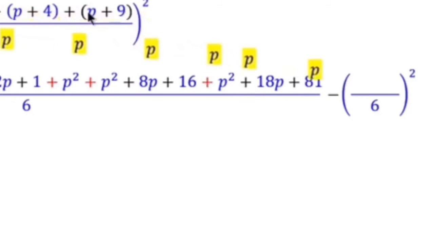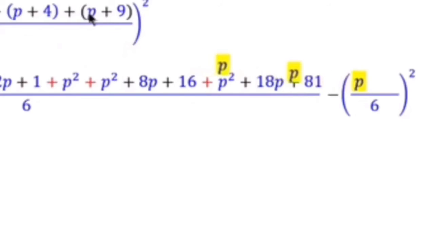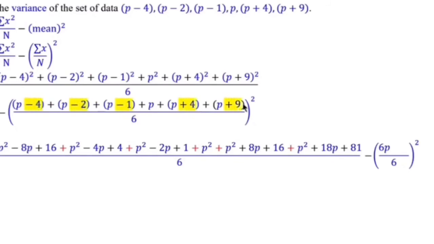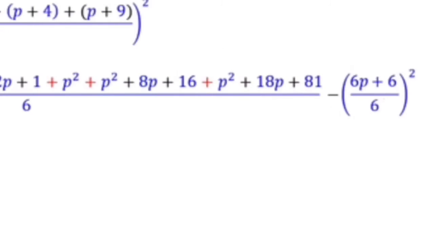You got 1, 2, 3... you add all the p, so you got 6p. Then simplify the numbers: negative 4, negative 2, negative 1, plus 4, plus 9. Your final answer after you simplify is positive 6. So you got 6p plus 6 over 6.